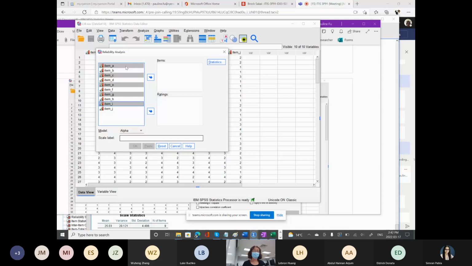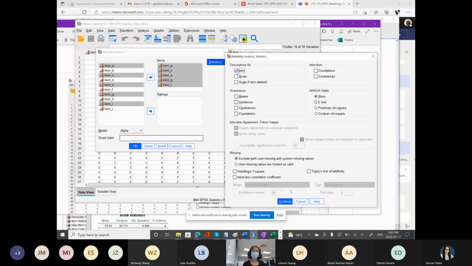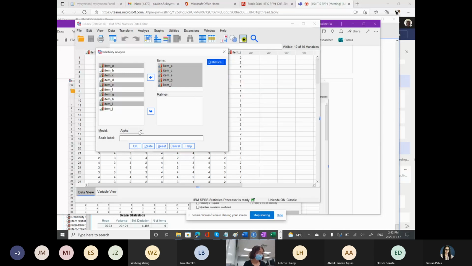Use Control to select non-adjacent items, then click this arrow. And then click Statistics. Check item, scale, scale if item deleted, and then check correlation. Click Continue and make sure alpha is selected. And click OK.